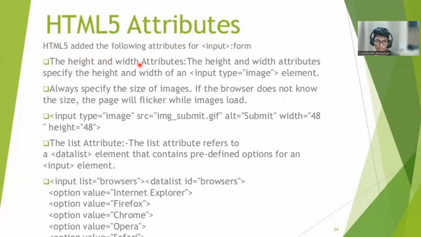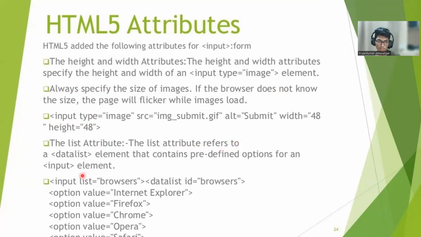HTML5 provides some more attributes in the input form, like the height and width attributes, and you can specify the size of the images in a browser if you want. Then the list attribute.